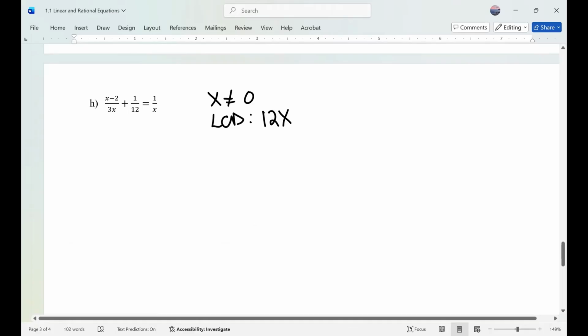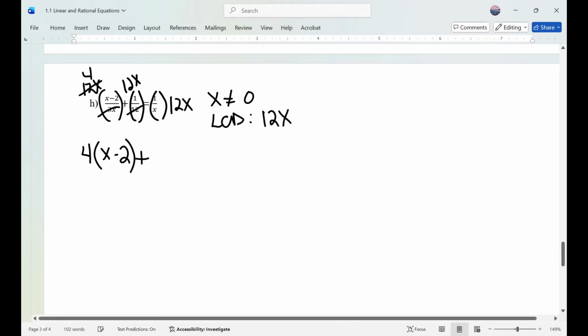So now I'm going to multiply everything by 12x. Again, you can do it individually, or you can do it as one big multiplication. I'm doing it individually here because I want you to see what's going to happen. So 3x crosses off with the 12x, leaving us 4. So we're going to have 4 times x minus 2.